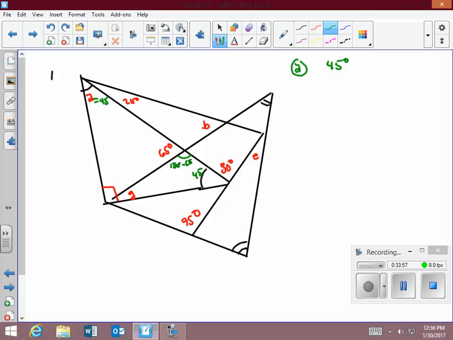What would that be? 115? So then you'd add 115 and 45, subtract it from 180, right?